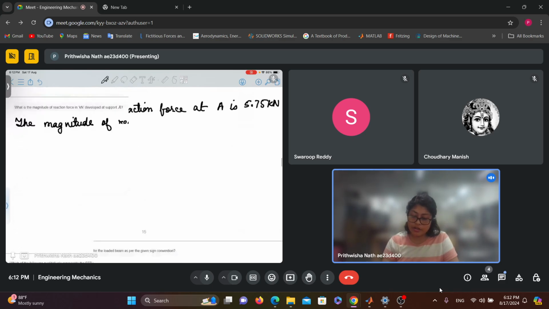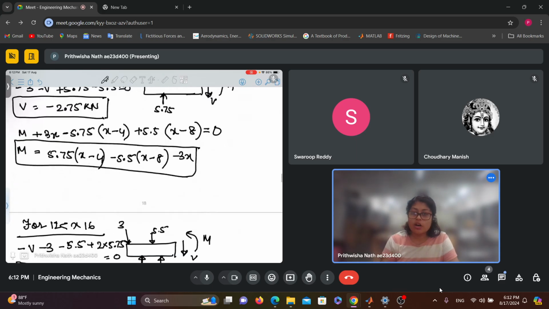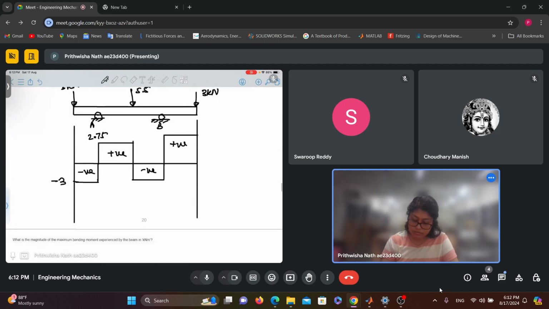So if you plot the BMD, can you just plot the BMD? This is the SFD. Can you try plotting it?